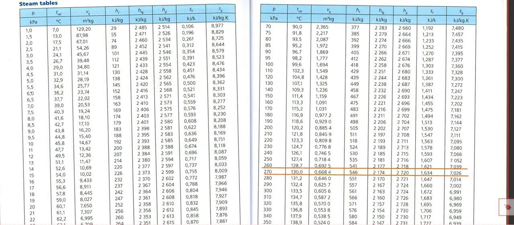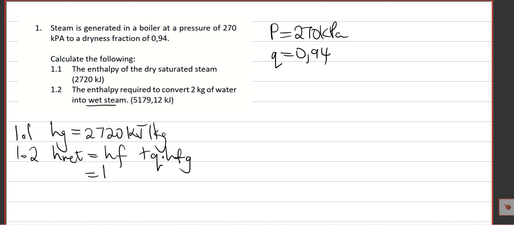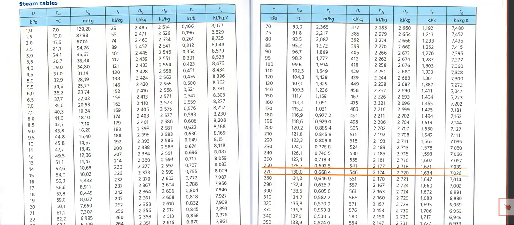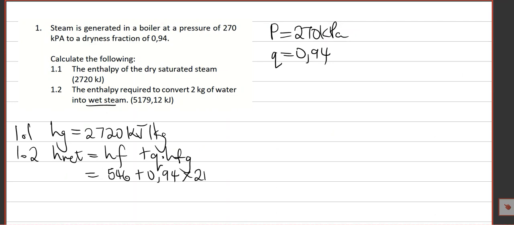So it's going to be 546 plus our Q value, 0.94, times our HFG. Our HFG, we have 2174.